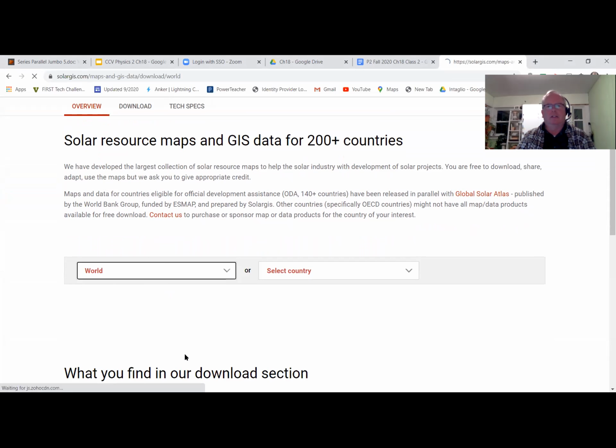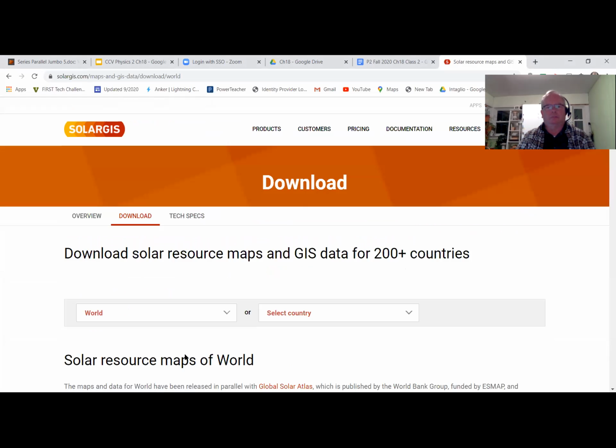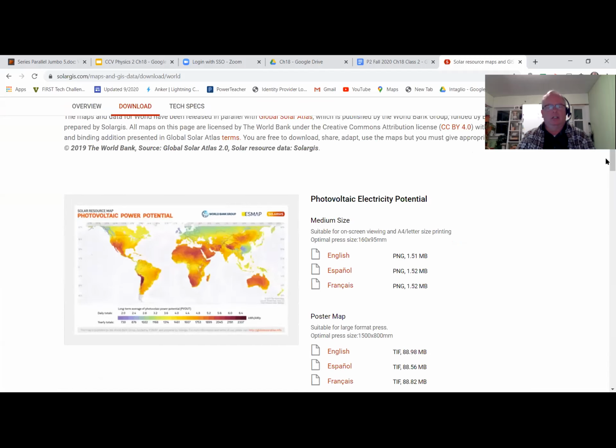So let's start off by taking a look at the world and where are good places for solar energy. Yeah, there we go. So there's a scale down here, and the scale has units of kilowatt hours per day on average. And so dark red colors mean excellent for solar energy.